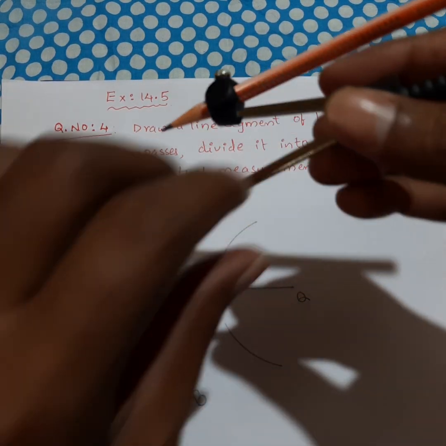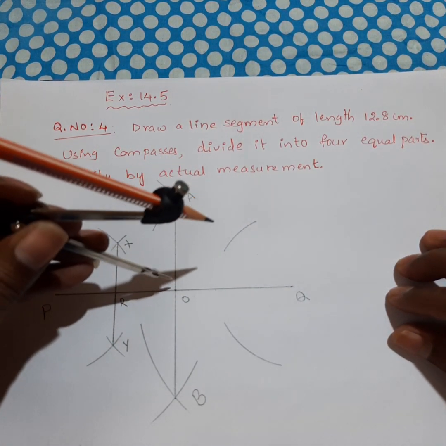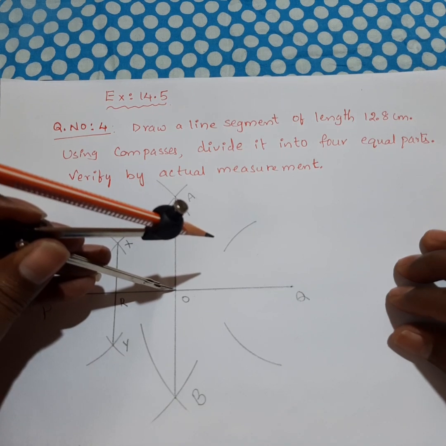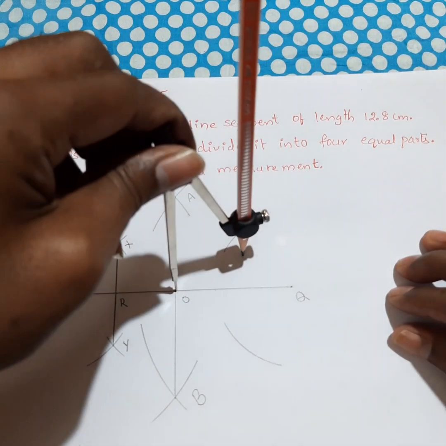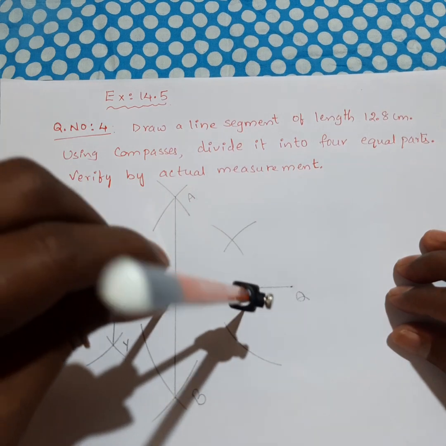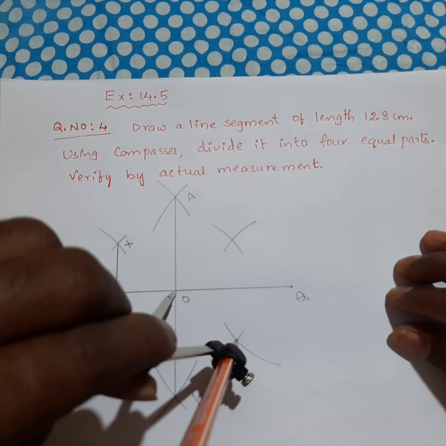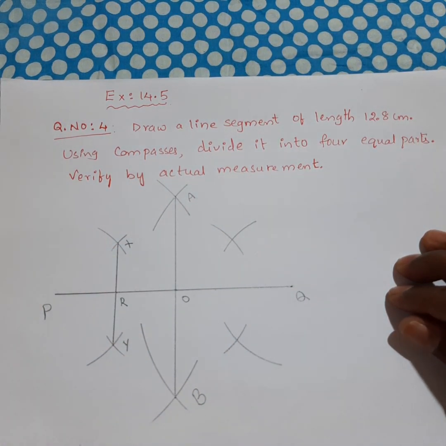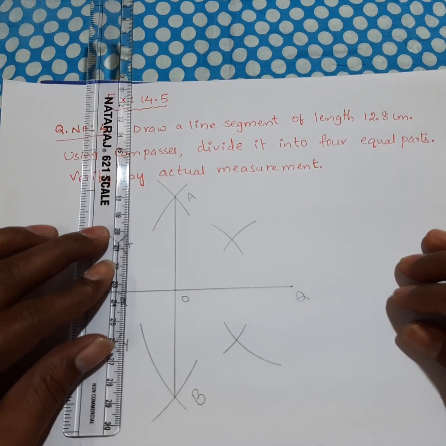Now, taking center as O, cut those arcs. See, your compass should be very tight. Then only you will get exact arcs. Otherwise, you will get a mistake.